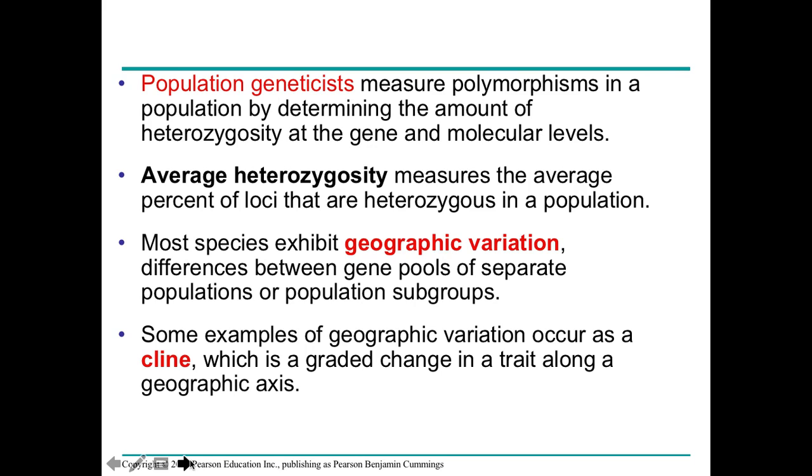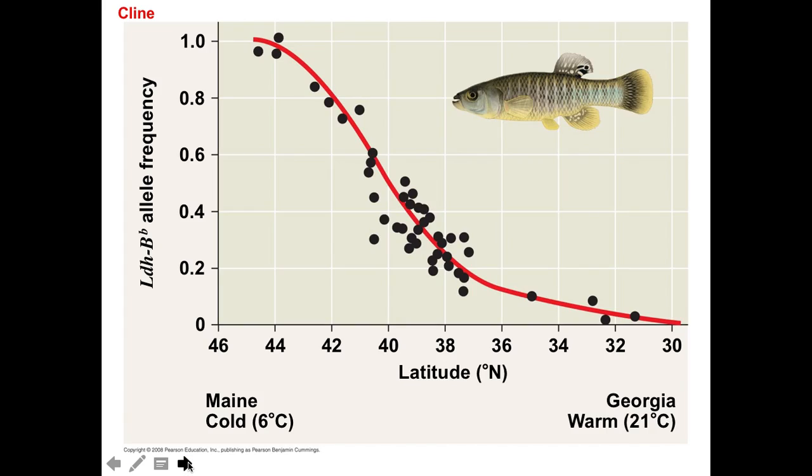Some examples of geographic variation occur in what we call a cline, which is basically just a change in a trait along a geographic axis. It's called graded, which means you can see the steps. This is changing because the environment is slowly changing along this axis in the geography.